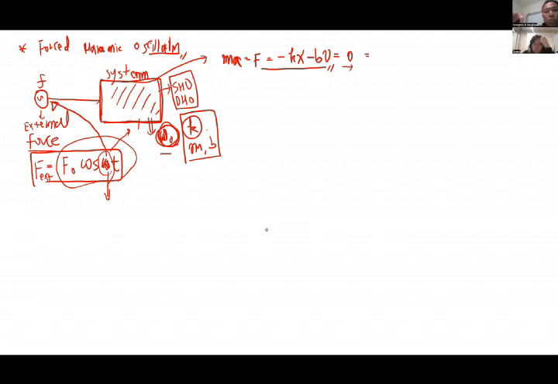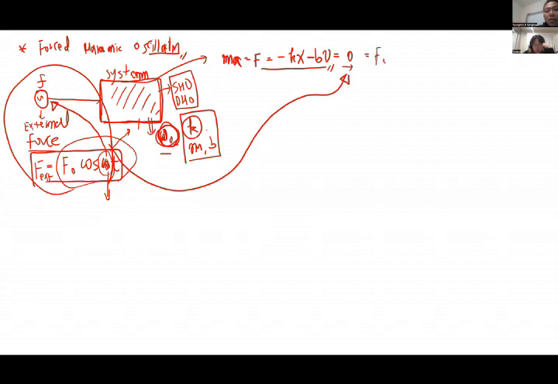But now we plug an external power source into this system, so that should be F naught cosine omega t. So the net force is no longer zero, because there's continuous energy flowing into this system.